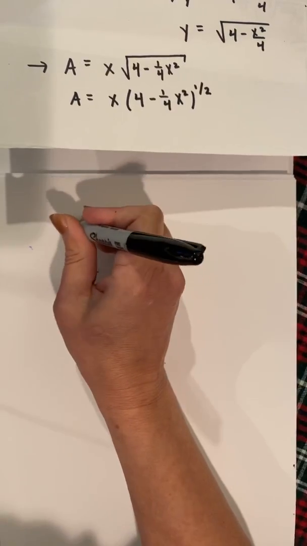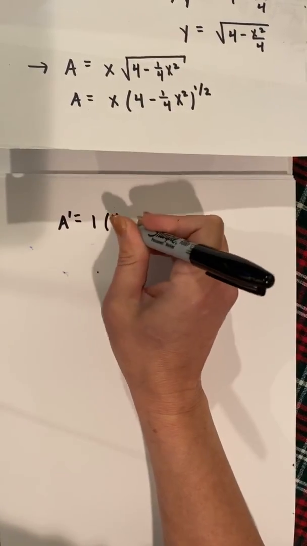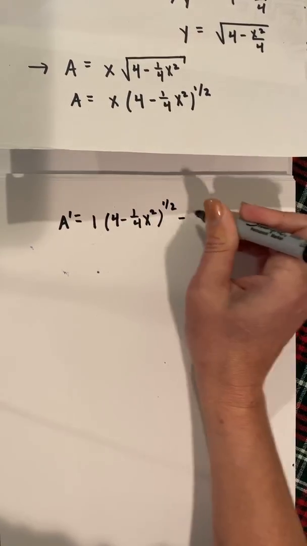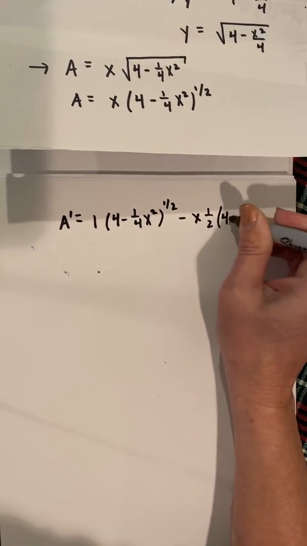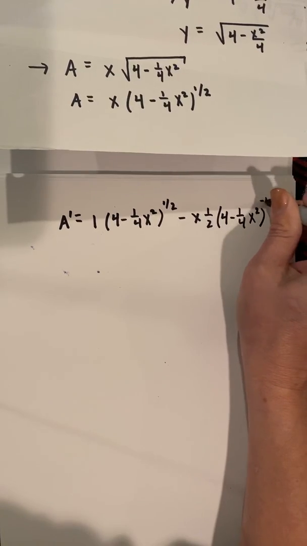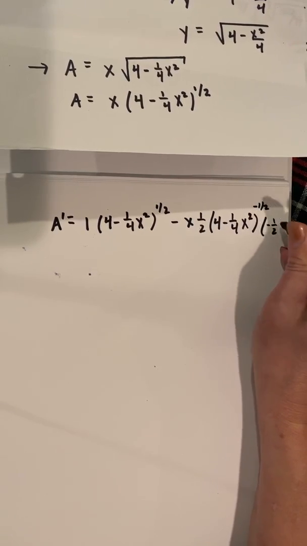So the derivative of the area, I'm going to use the product rule. It's the derivative of the first times the second plus the first times the derivative of the second. Bring the power out front. Leave what's inside alone. Drop the power by 1 times the derivative of what's inside, which would be, bring this power out front, it's going to be -1/2 x.